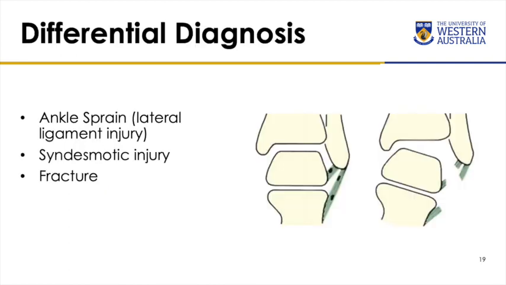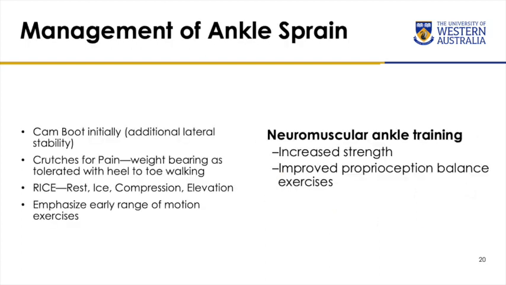A simple differential diagnosis would be an ankle sprain or lateral ligament injury, which you see pictured here, a syndesmotic injury, or a fracture. Management of an ankle sprain or lateral ligament injury consists of the common musculoskeletal treatment of RICE: rest, ice, compression, elevation.